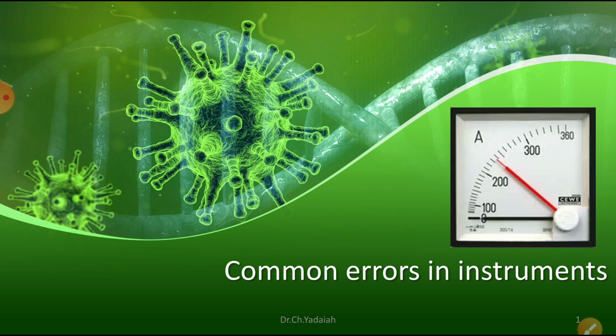These instruments can be used as a voltmeter or ammeter, whereas the dynamometer type instrument can be used as a voltmeter, ammeter, in addition to wattmeter.